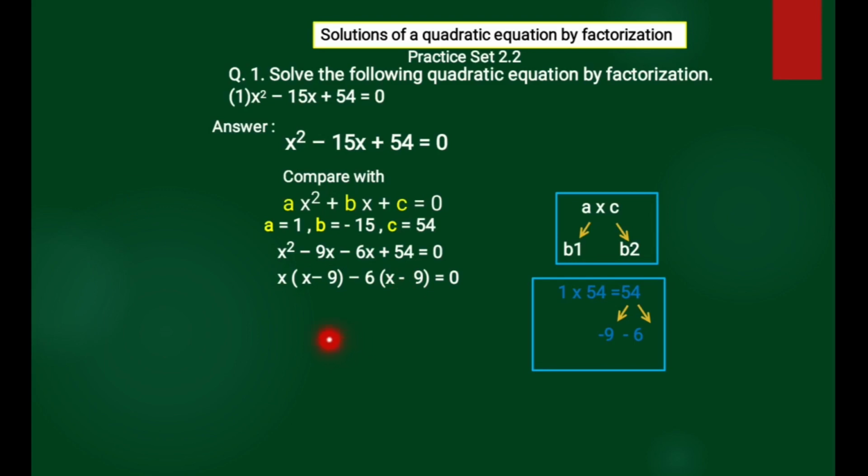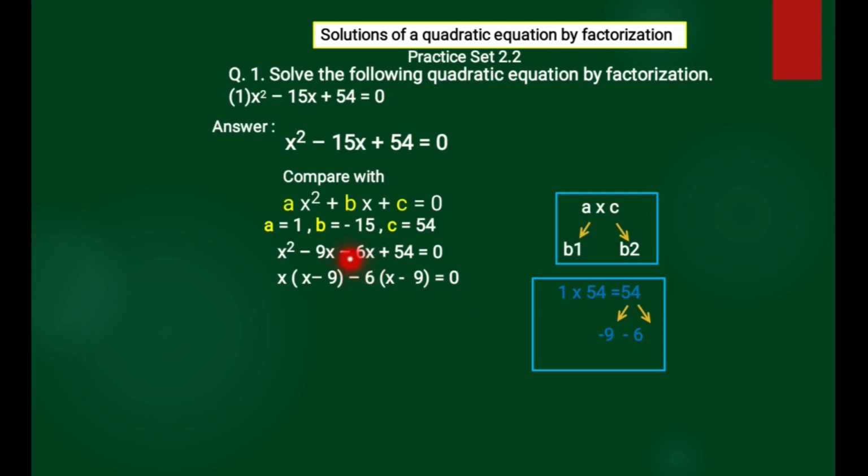As we see here, if we take variable x common, in the bracket we get x minus 9. The same factor we have to obtain from the last two terms. So we can take minus 6 common so as to get x minus 9 here.